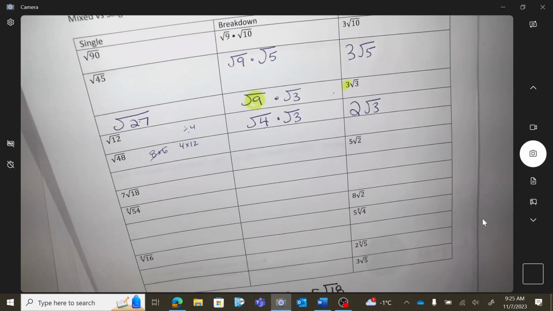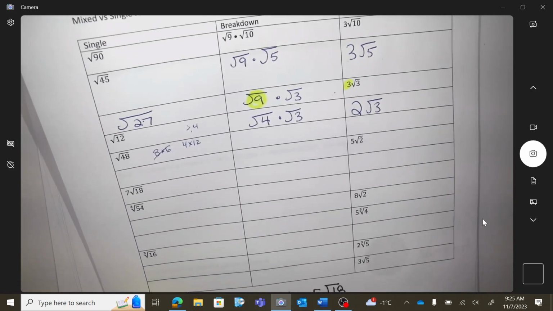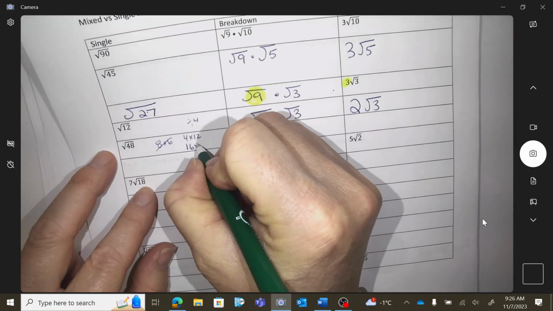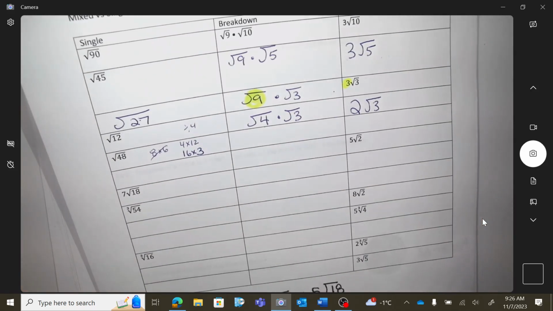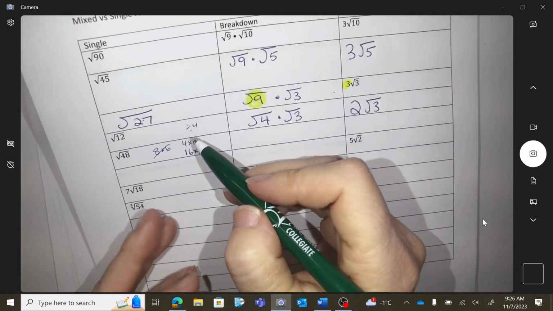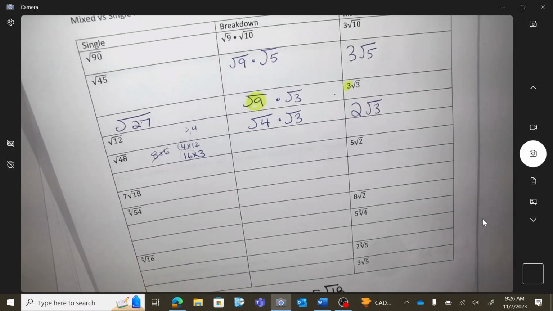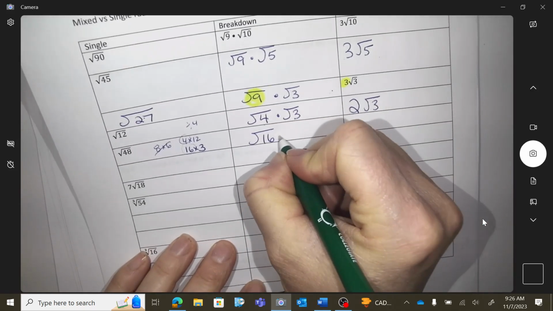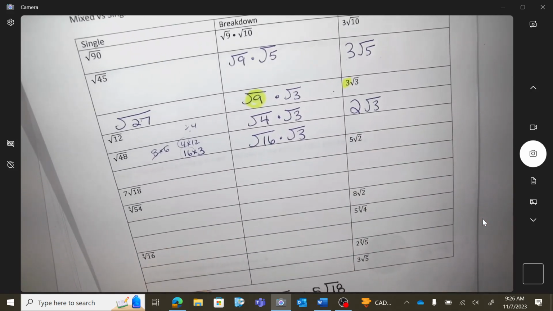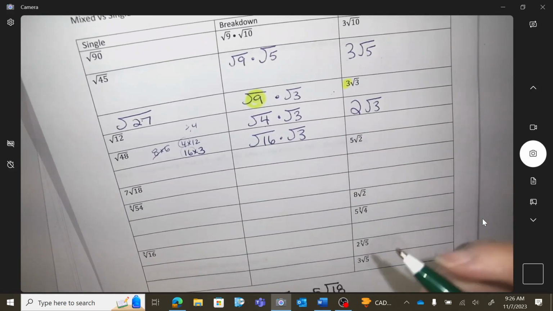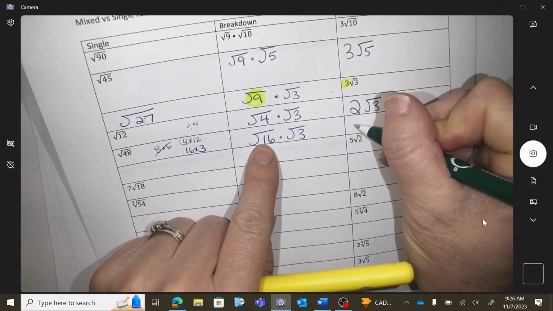But I don't want that one because there's another, bigger perfect square. What is it? 16 times 3 is 48. So I want to get the biggest perfect square. 16 times 3 is 48. And then the root of 16.